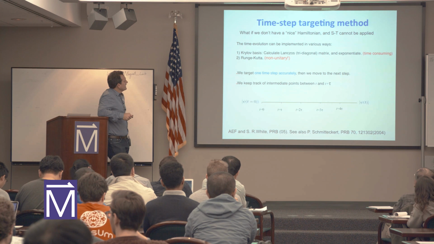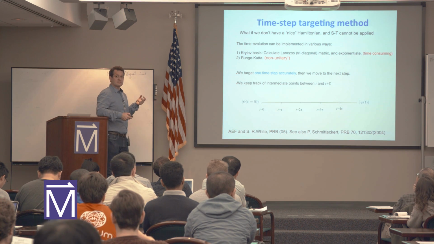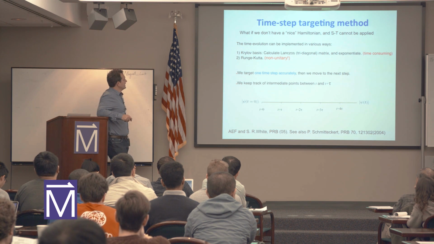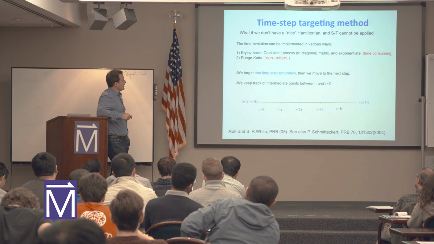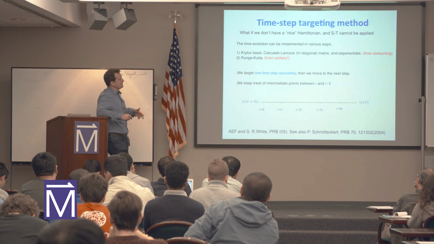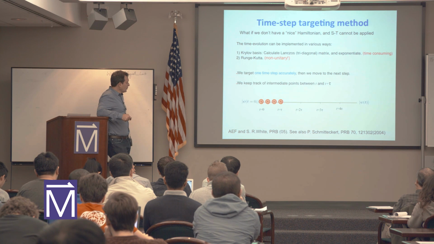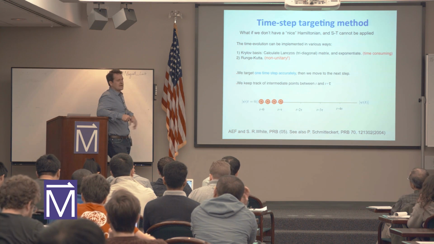So the Suzuki-Trotter decomposition can be applied only for local Hamiltonians, called nice Hamiltonians. But if the Hamiltonian is not nice, you can do the time evolution in various ways. What we do is what we call time step targeting. We take our wave function, and we evolve it using any method you want.